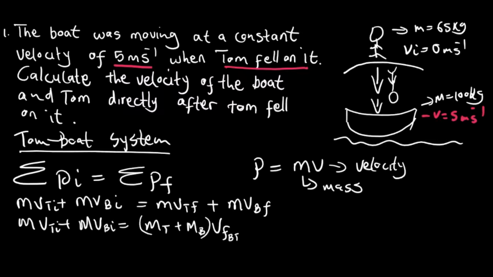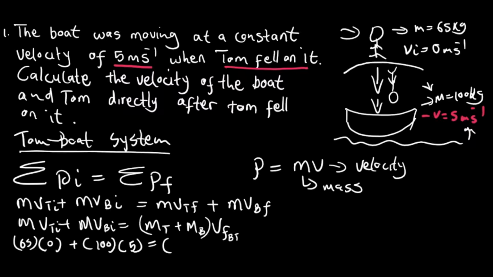So what is the mass of Tom? We know from this diagram here that the mass of Tom is 65 kg, but his initial velocity was 0, plus the mass of the boat, seen from the diagram, is 100, and its velocity, we were told, just as Tom was about to land on it, was 5 meters per second.